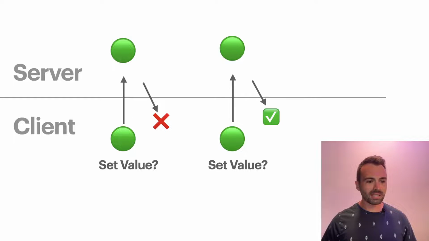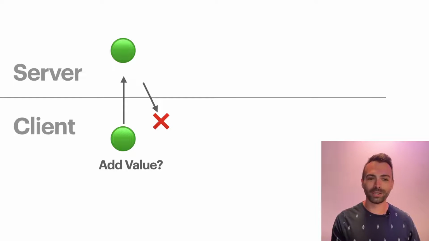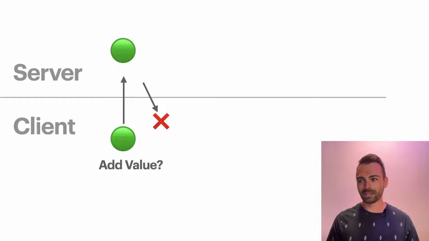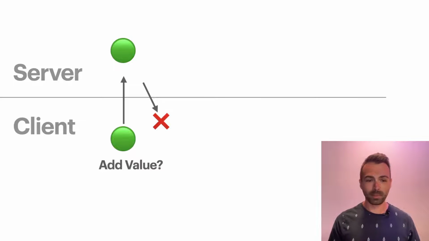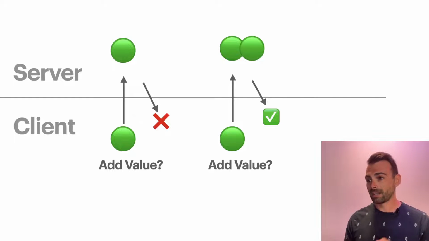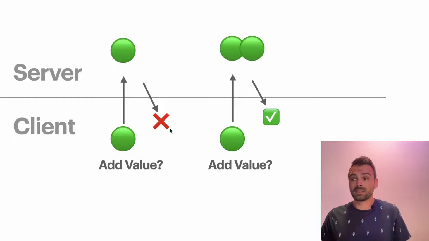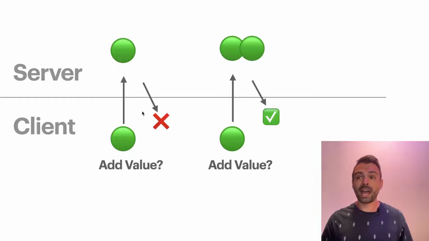But there are cases where your mutation is not necessarily idempotent. Like if your mutation is trying to add some value on the server, like add an item to a list, or maybe increment some number, well, that's not something that you can just retry, because then the server will have maybe added it twice. Just because there's a failure here on the client after one of the requests doesn't mean that the request has actually failed.